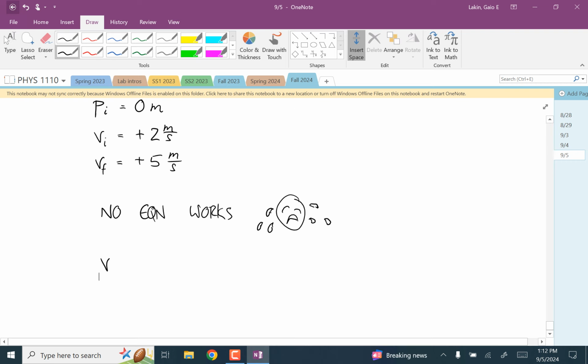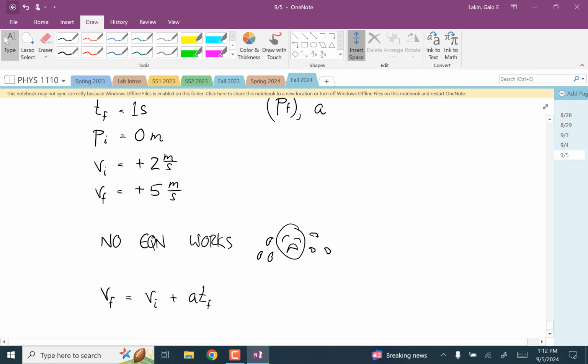So let's try this one. VF is equal to VI plus ATF. This one has acceleration. V final we know, V initial we know, TF we know, so this one works.